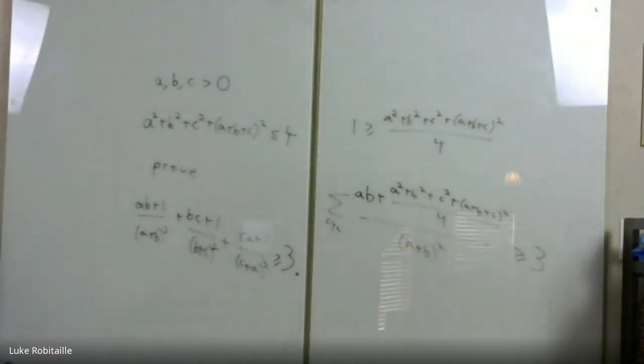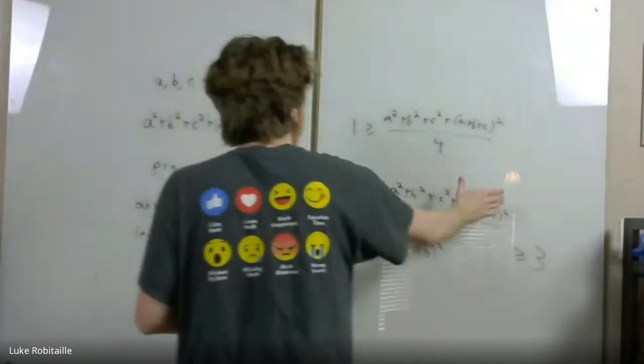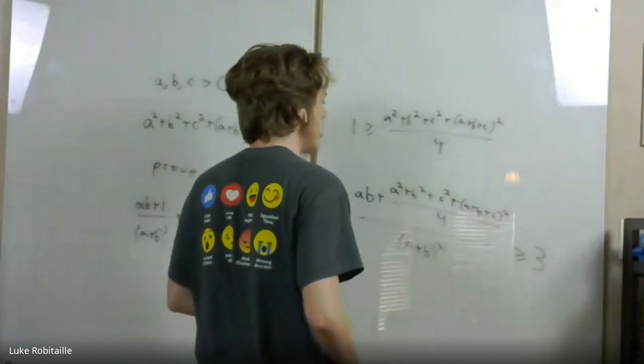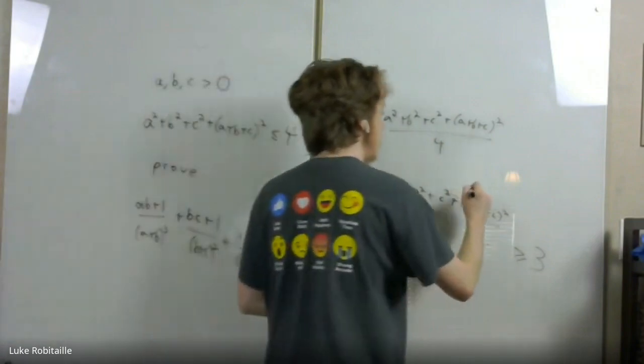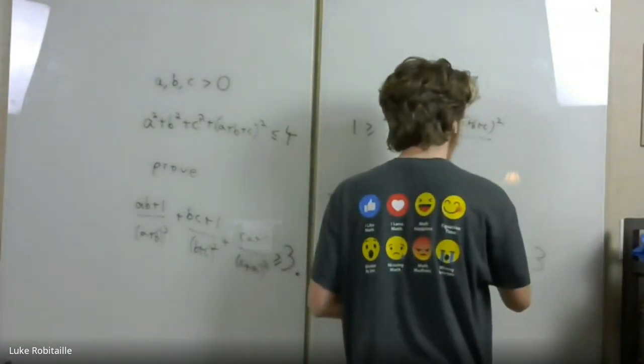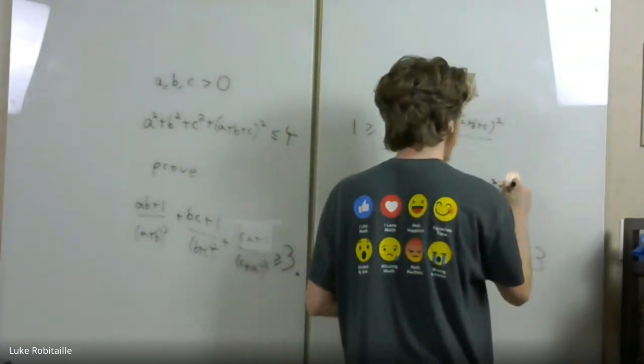We don't want to have to carry this expression around all the time. So if we expand it, we know that (a plus b plus c) squared, sometimes inequalities involve some amount of algebraic manipulation.